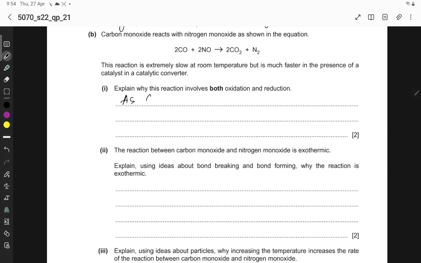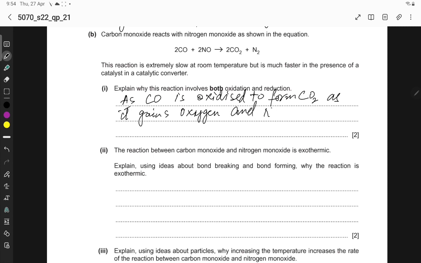As carbon monoxide is oxidized to form carbon dioxide as it gains oxygen. And nitrogen monoxide is reduced as it loses oxygen.